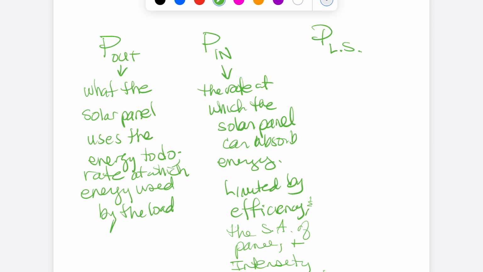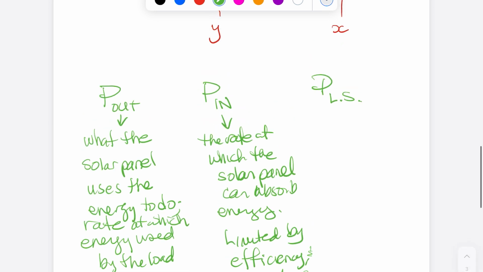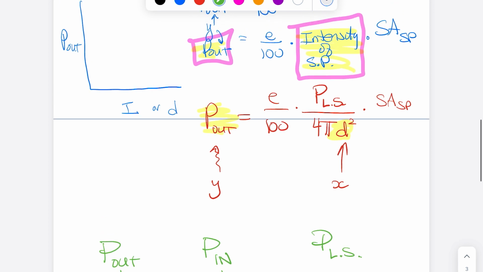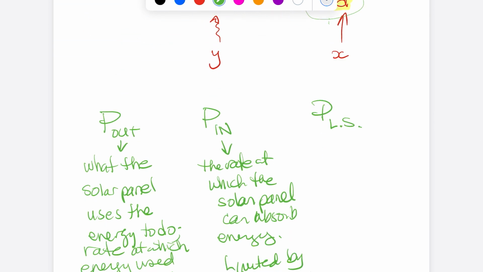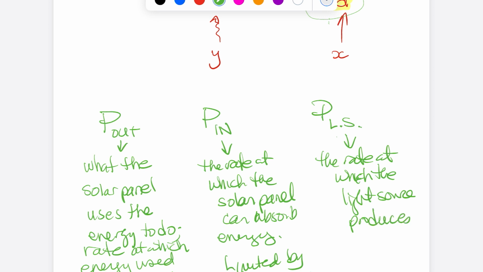Okay, so there's three things that affect the power in, and that's reflected in these equations. You've got the power of the light source, the surface area, that's all the intensity. You've got this and you've got that. So those are the three things that influence the power that the solar panel can absorb. And the power of the light source is the rate at which the light source produces energy.